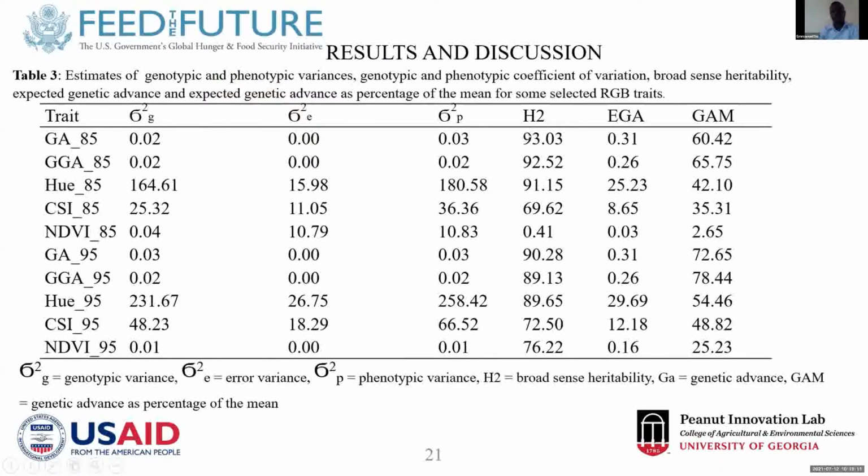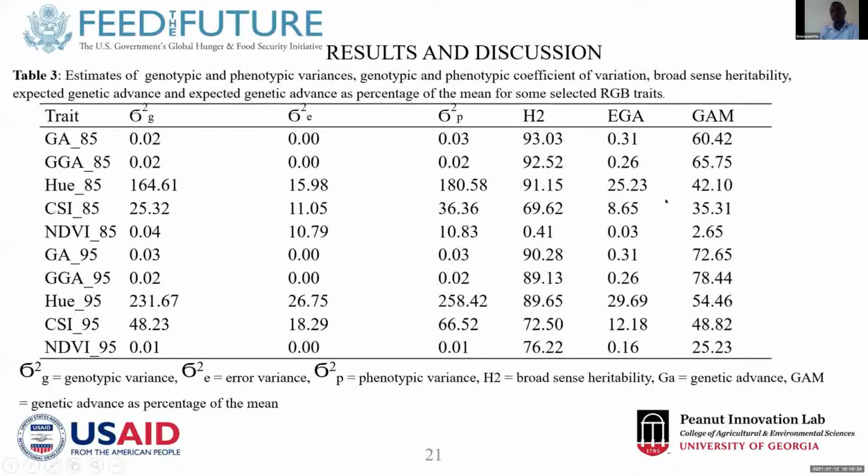When it comes to heritability, broad sense heritability specifically, the highest broad sense heritability of 93.03 was seen for green area at 85 days after planting. And we could see that most of them were highly heritable, except NDVI at 85, which was 0.41.